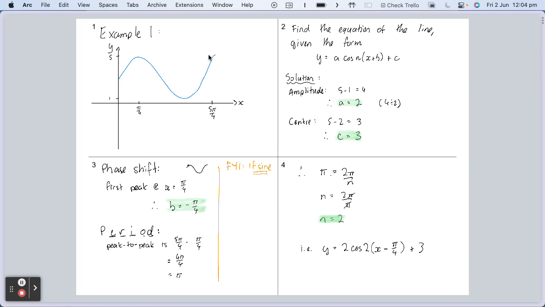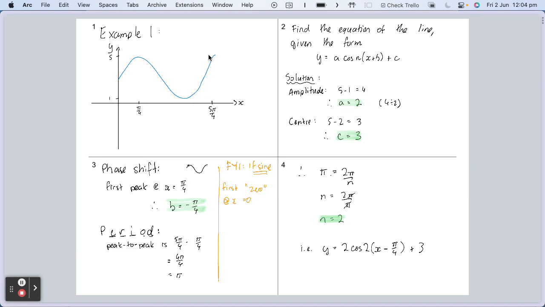So if it was sine that you were asked to find, then instead of finding the first peak, you'd find the first center, the first zero, right? So you would say something like this. First zero, I don't know if there's a better word to use, but first zero is at x equals 0, because there's a 0 there. It's in the center of the graph there, and that's at x equals 0.